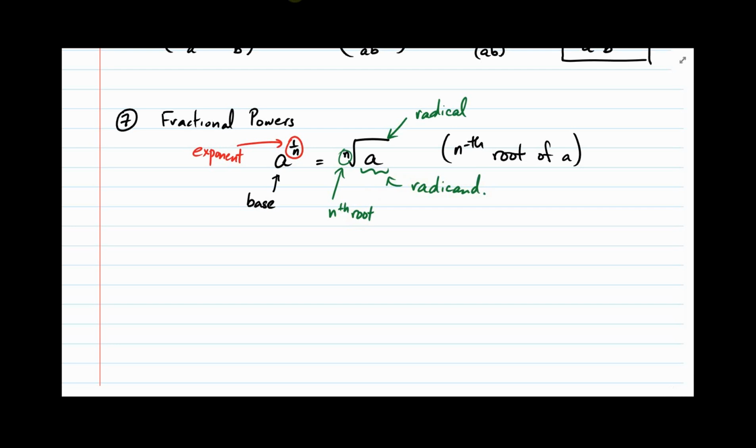Now, one of the most common roots that we could deal with is a to the 1/2, which is the square root of a. It is so common that we do not put a little 2 here. We just drop it.